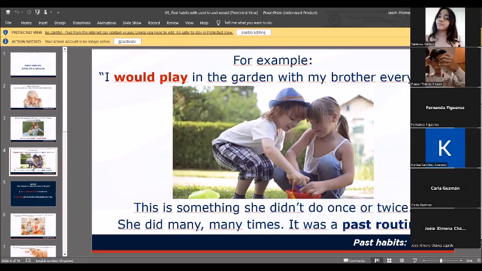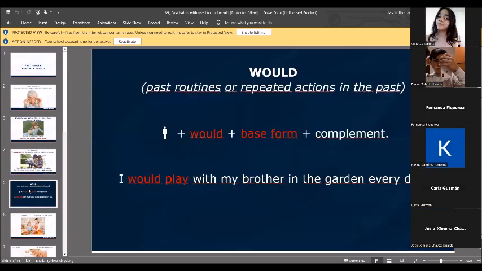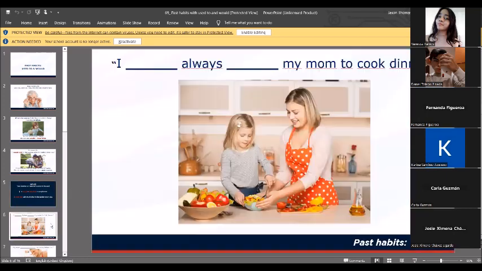We will use would. Now in this sentence, we saw the structure. Would plus the base form and the complement. I would play with my brother. Now, Yaira, based on that structure, how would you complete this sentence?